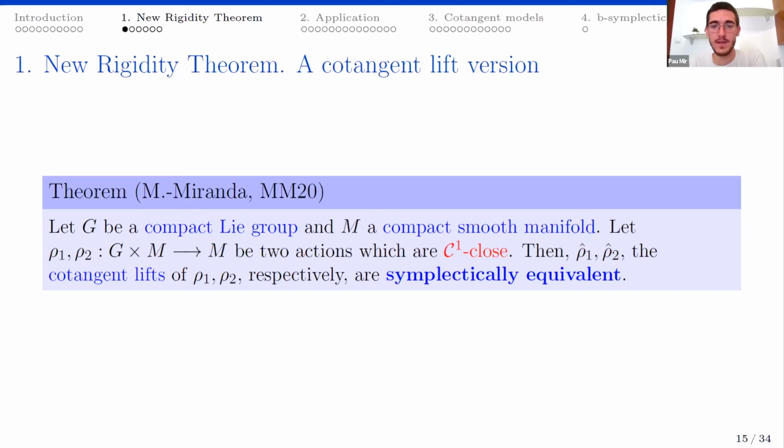So they are equivalent via a symplectomorphism. So they are conjugated. You can find a diffeomorphism, which is symplectic, so a symplectomorphism, that conjugates both actions at the level of the cotangent bundle, because both actions are the cotangent lifts of two actions on the base.